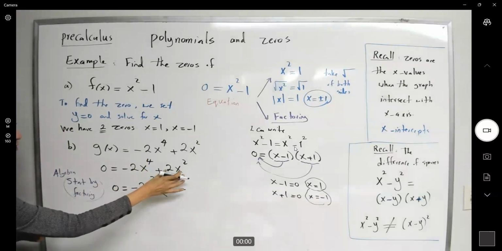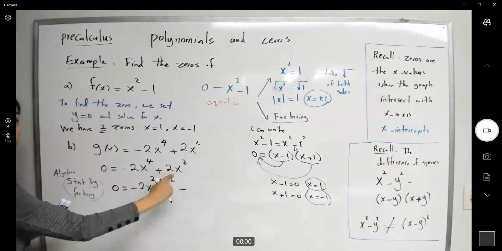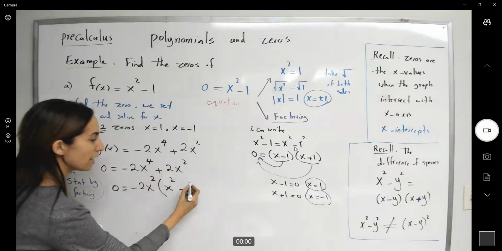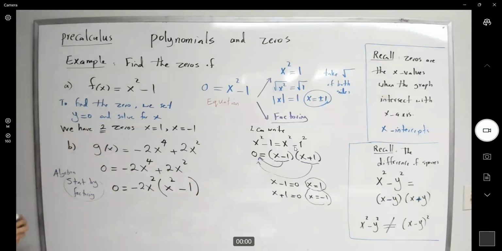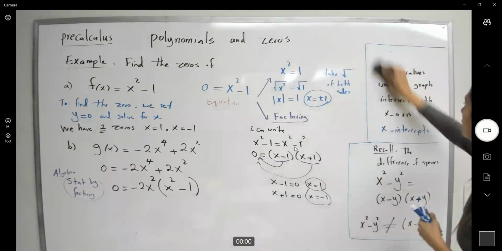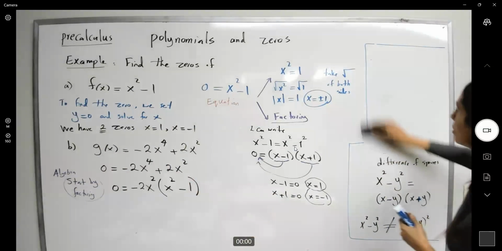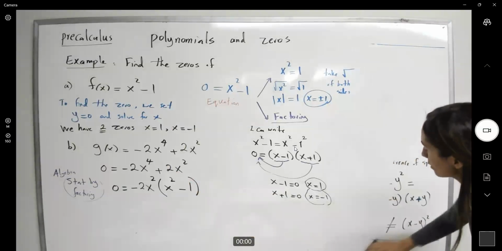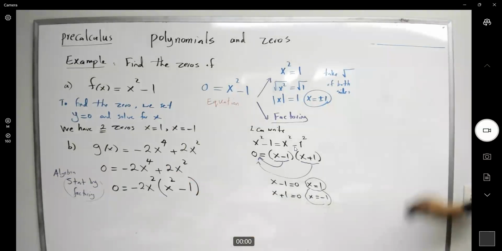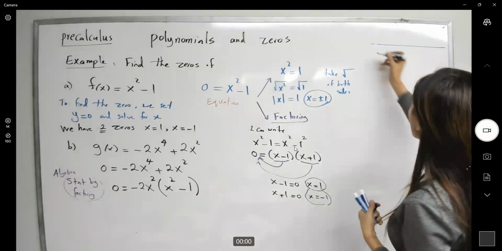If I factor out negative 2x squared out of positive 2x squared, I'm left with a negative 1. So again, remember that. Let me write this here for you. These are good recalls from algebra. From algebra, we know that. Recall.